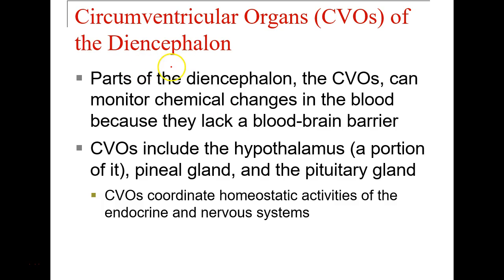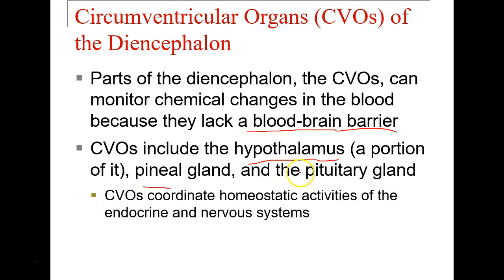Okay, so circumventricular organs of the diencephalon, in other words, areas around the ventricles, monitor chemical changes in the blood, and because they are lacking the blood-brain barrier, we can really tell what's going on in there. So we have a portion of the hypothalamus there.